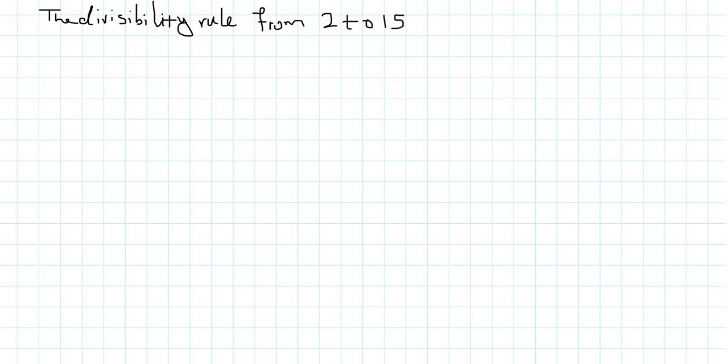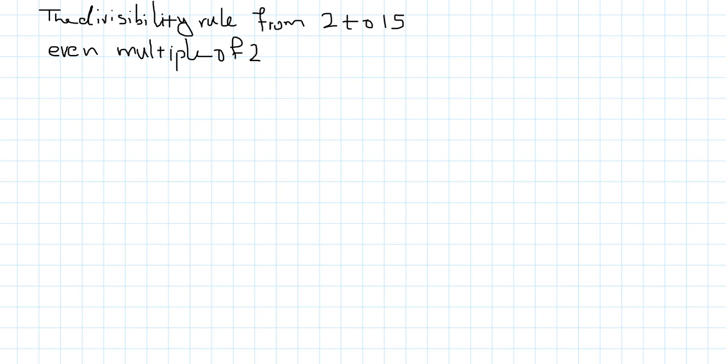Hi, in this video we want to know how to use the divisibility rule for numbers from 2 to 15. Now check by number 2. We say if the number is even, all even numbers are multiples of 2.